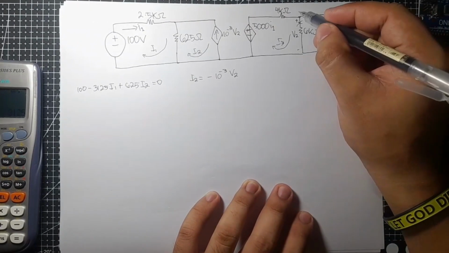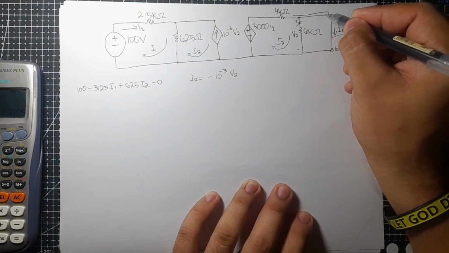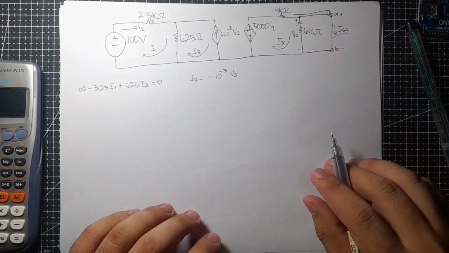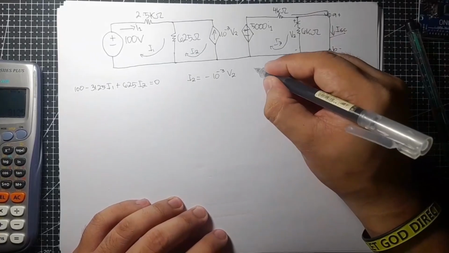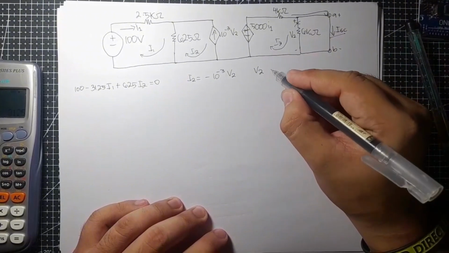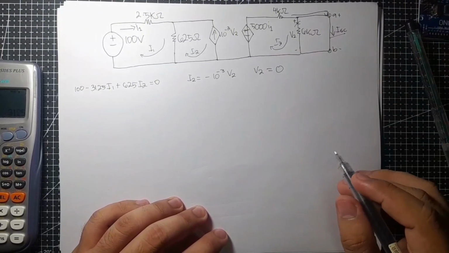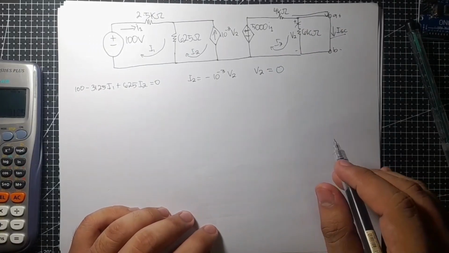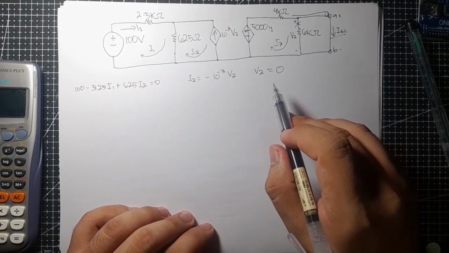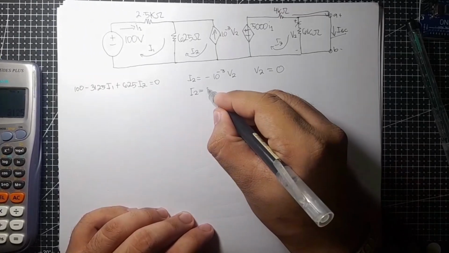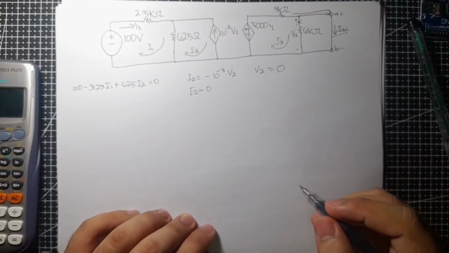It will only flow to the short circuit current. So we can say that V2 is equal to 0.